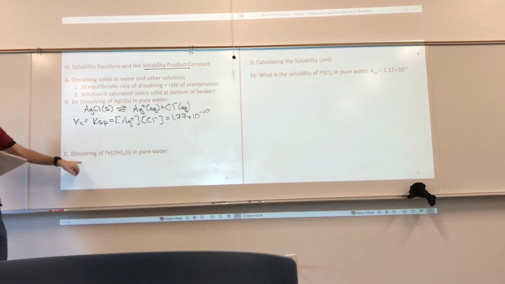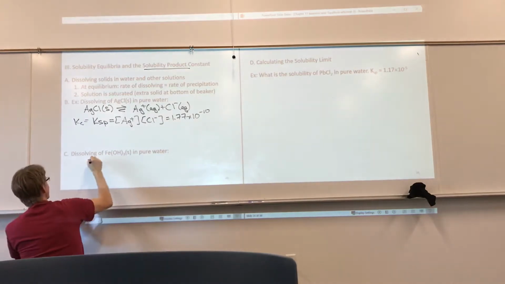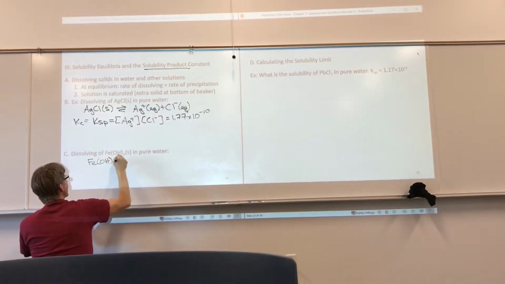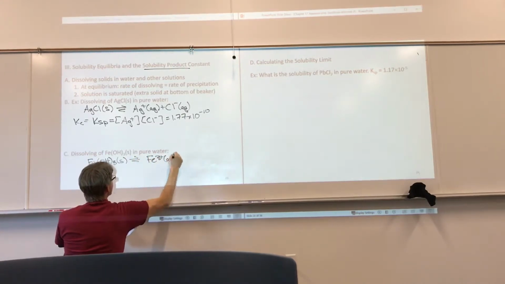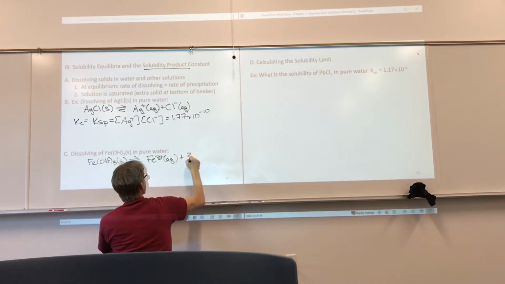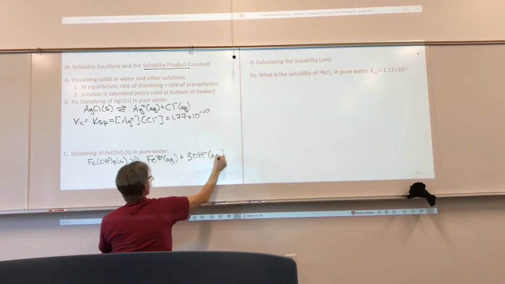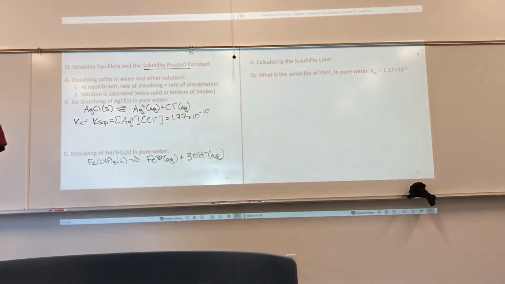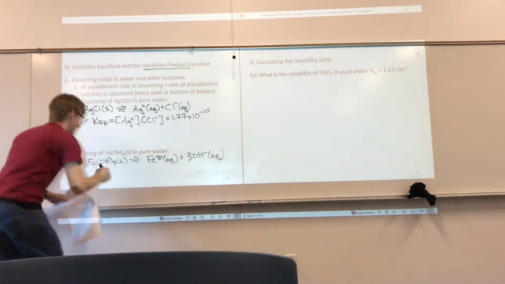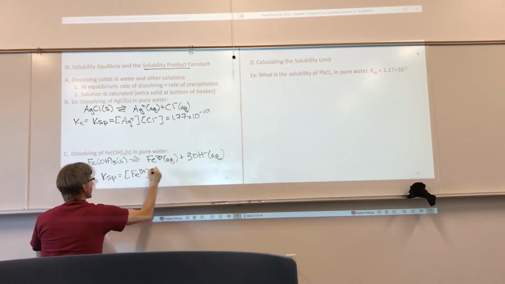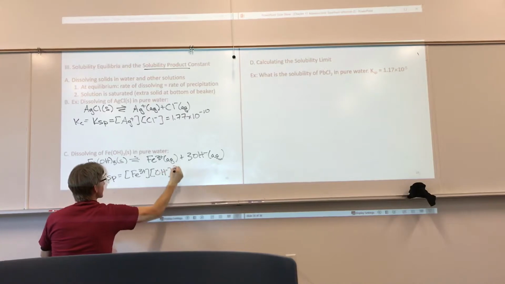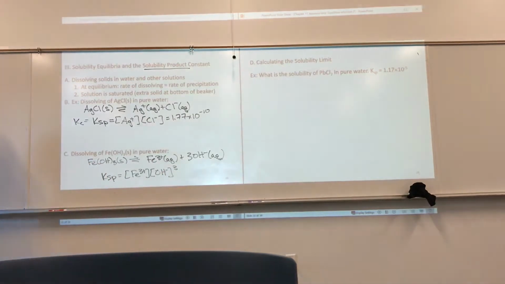We can do the same thing for dissolving of iron 3 oxide. Write the reaction. This time we get 3 hydroxides and Ksp is the hydroxide term cubed.